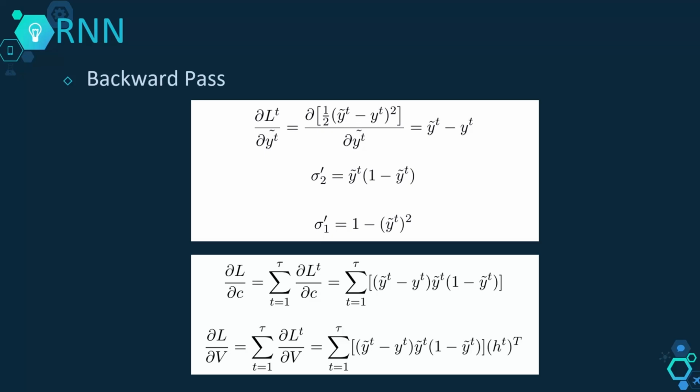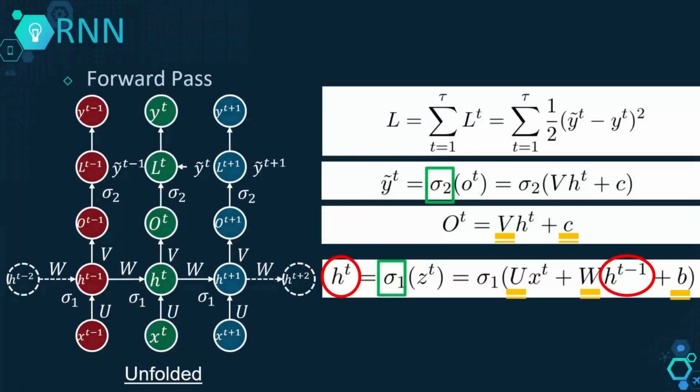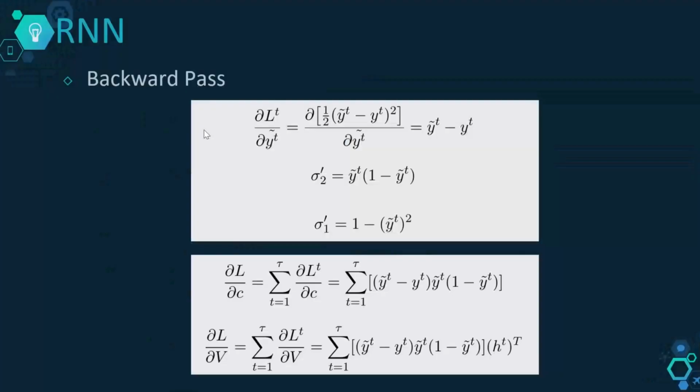So for partial L, partial C, first we need to get this derivative over all the time steps. We do it in a similar way to what we did in the previous one. C is here, right? So to get the derivative of L with respect to C, we can get the derivative of L with respect to Y, then Y with respect to O, then O with respect to C, right? Sorry, there's a typo here. This should be a capital letter L. So partial L, partial Y_t, I just introduced, is here.